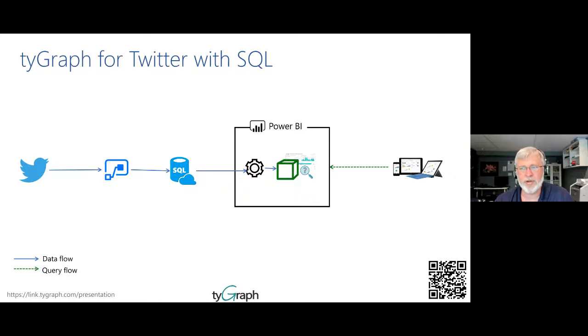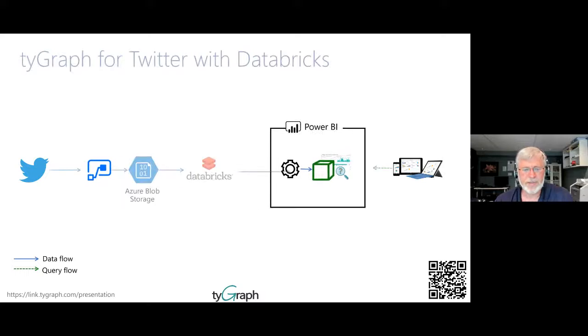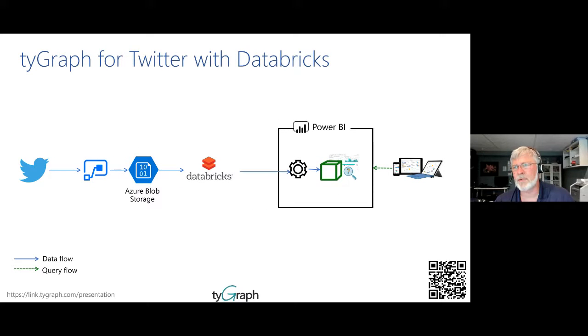Scale started to become an issue, particularly around cost, and there were some flexibility things with SQL Azure. You're essentially paying for a transactional system that doesn't necessarily need to be transactional, because all we're really doing is collecting tweets and retrieving them from time to time. We never modify them. So we started looking at some big data technologies, partly as a cost-saving mechanism, and had a pretty good hard look at Databricks for a little while.